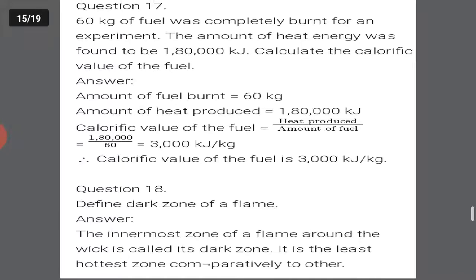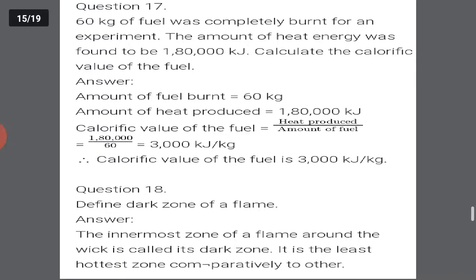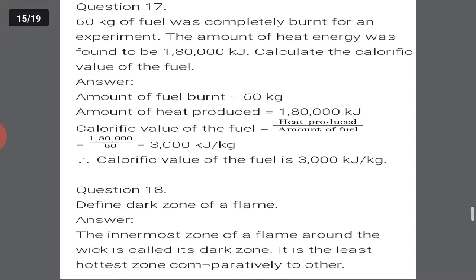Amount of heat produced is 1,80,000 kilojoule. So the calorific value of the fuel will be heat produced upon amount of fuel. It is 3000 kilojoule per kilogram. Got it? The calorific value of the fuel is 3000 kilojoule per kilogram.